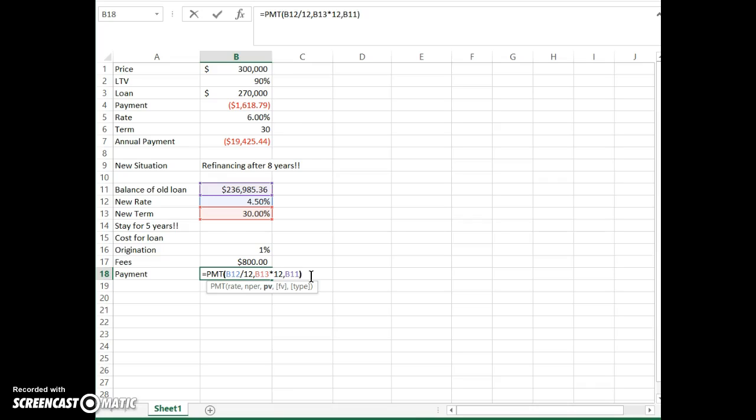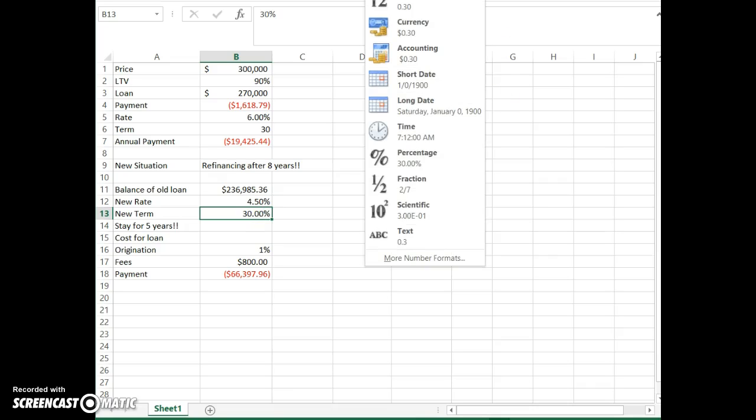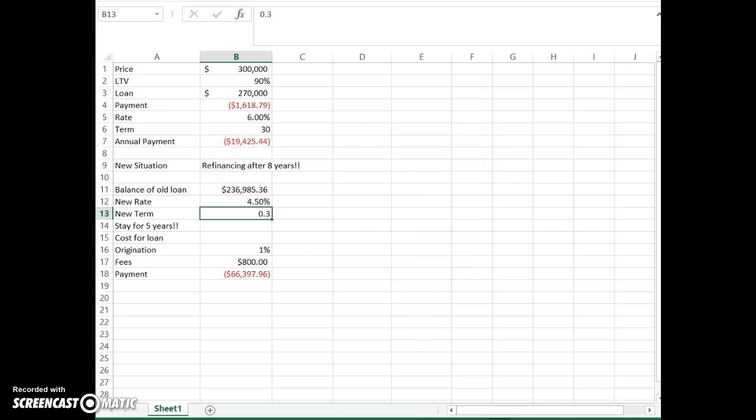Close parentheses, equal. I actually got that in percent. It should be just a regular number. It'll be just 30. And that's going to change that to $1,200.77 as the payment. And you want to calculate the annual payment. You just take that payment and multiply it by 12.